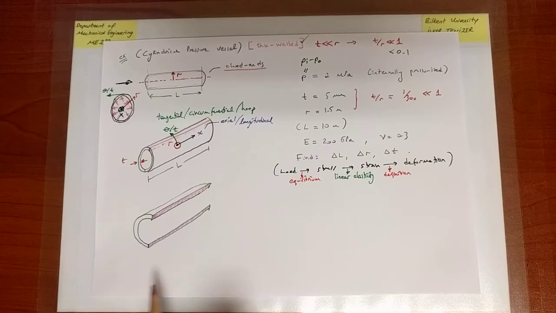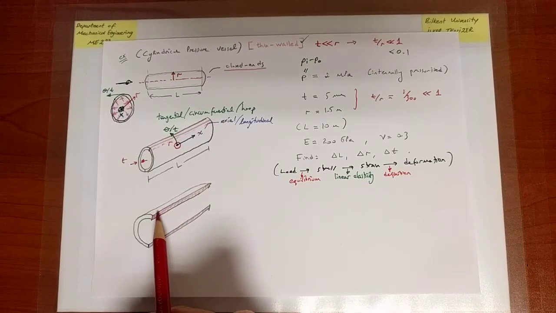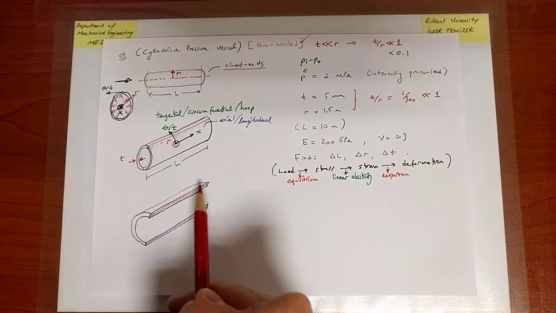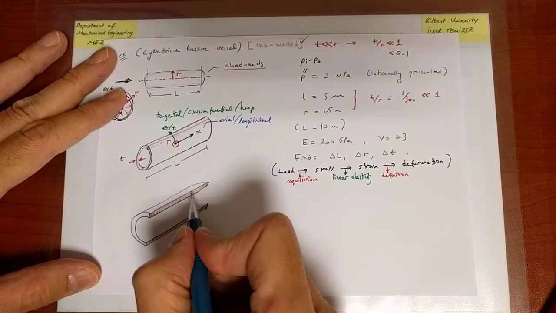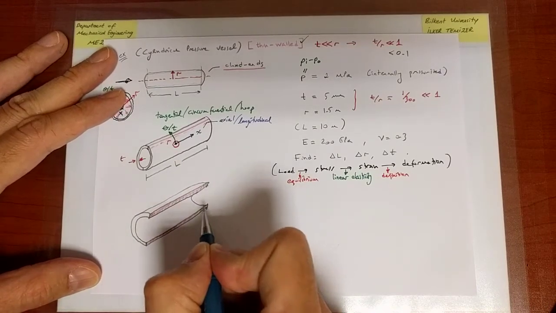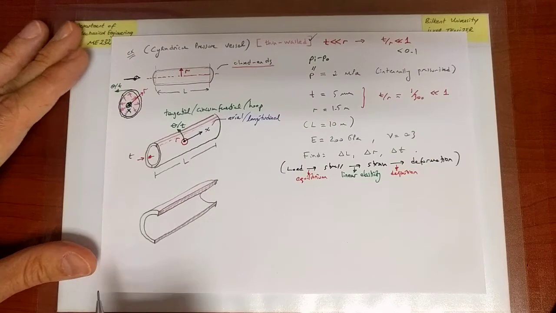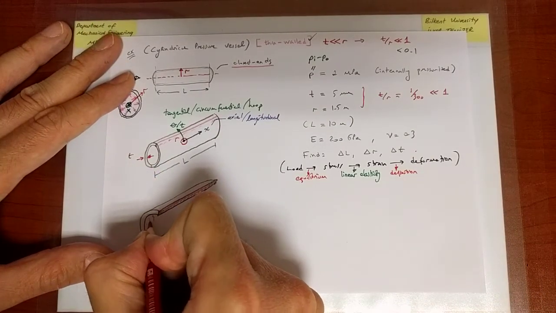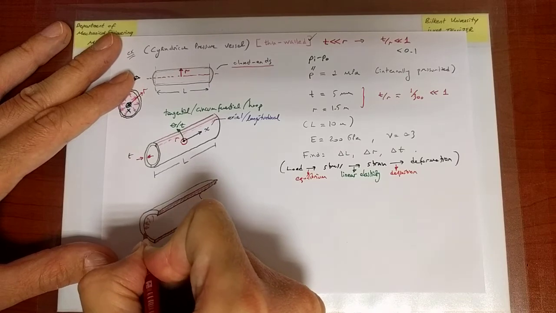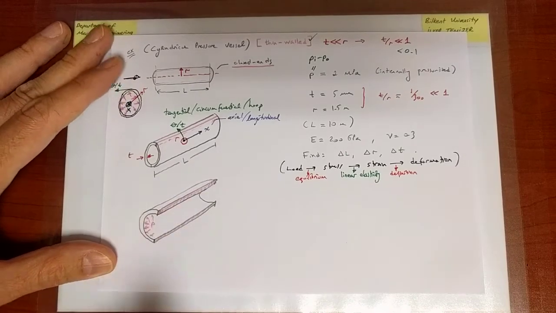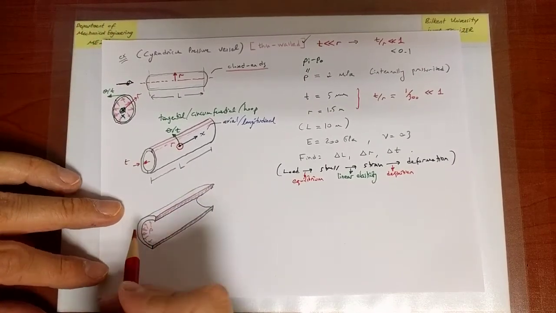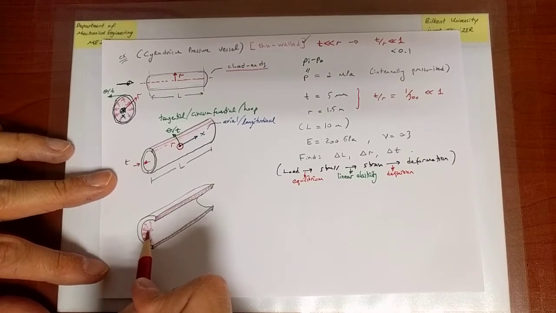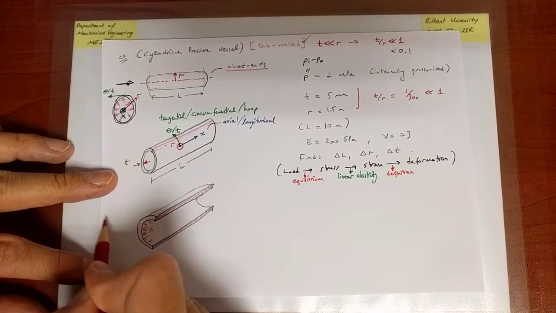I've drawn the free body diagram of the whole thing. That's the free body diagram of the left side. Now I remember that this thing is internally pressurized, and this pressure will eventually induce a net force along that direction.